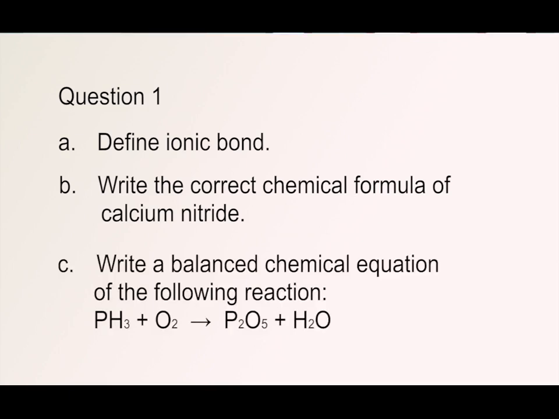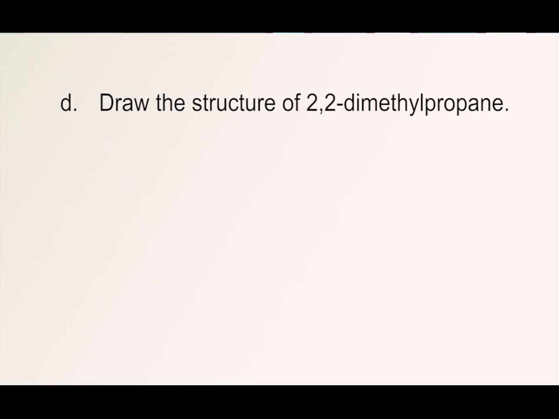C. Write a balanced chemical equation of the following reaction: PH3 plus O2 producing P2O5 and H2O. D. Draw the structure of 2,2-dimethylpropane.